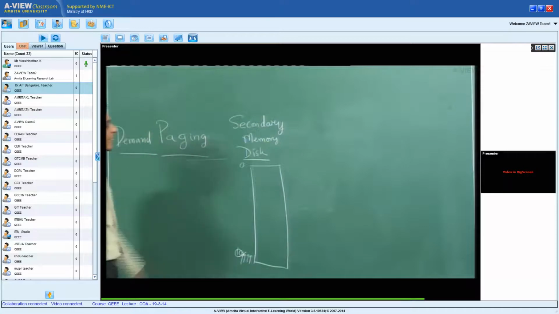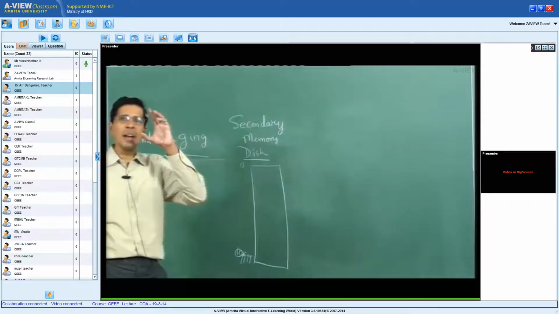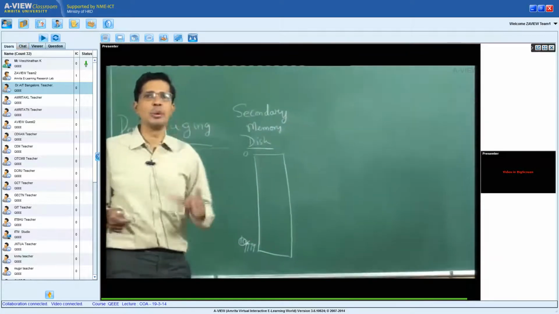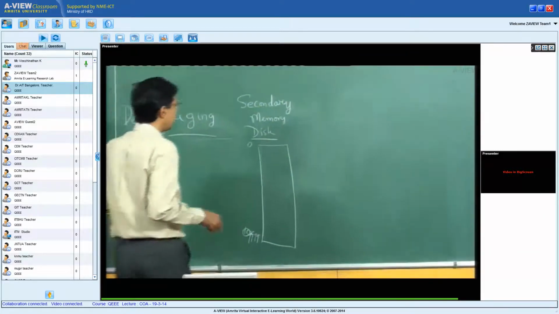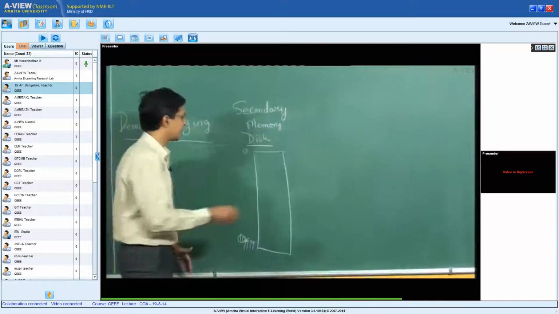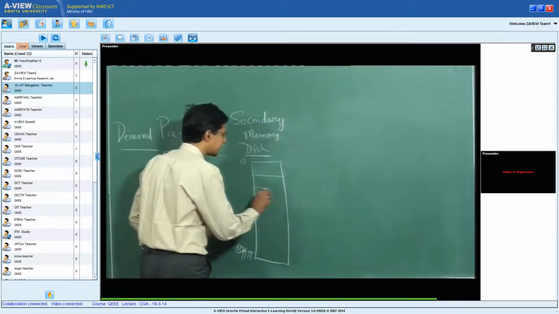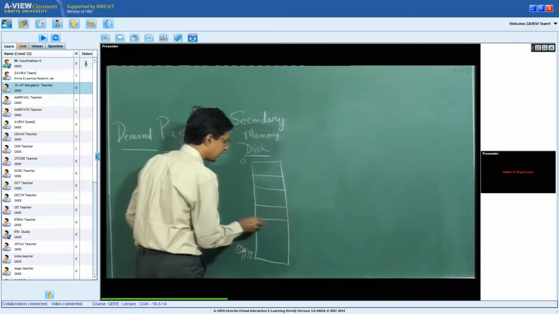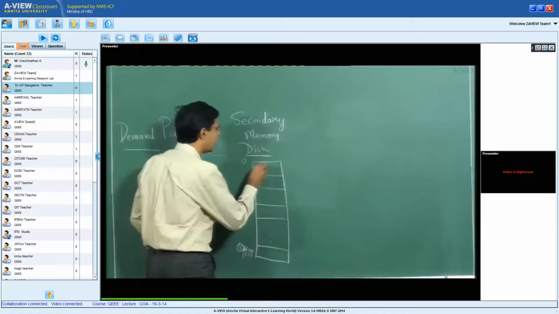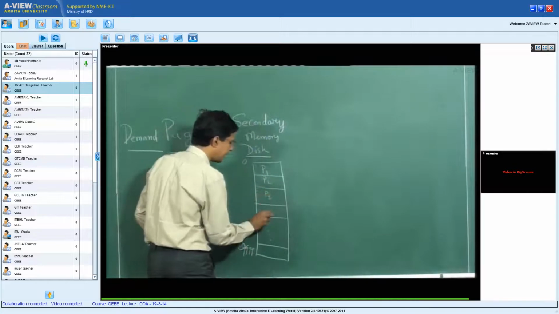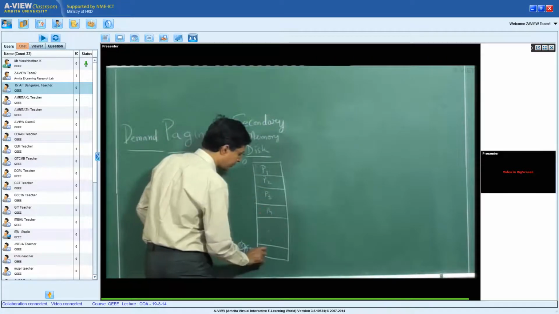This entire secondary memory is logically viewed. It is not that you go and cut or something. It is logically viewed as a number of partitions. Let me say I have 100 partitions. I will call it partition 0, partition 1, partition 2, till partition 99.